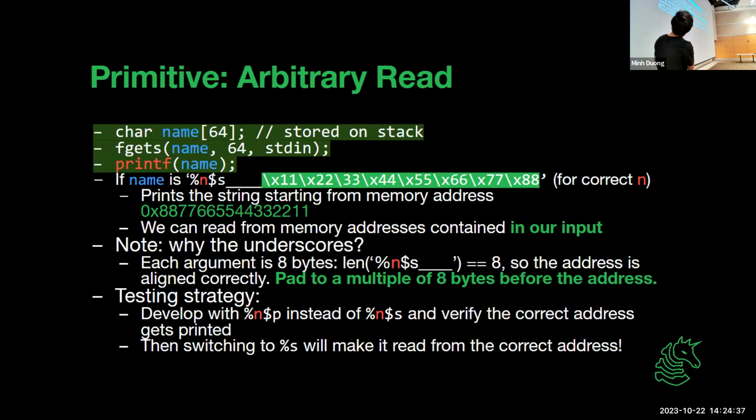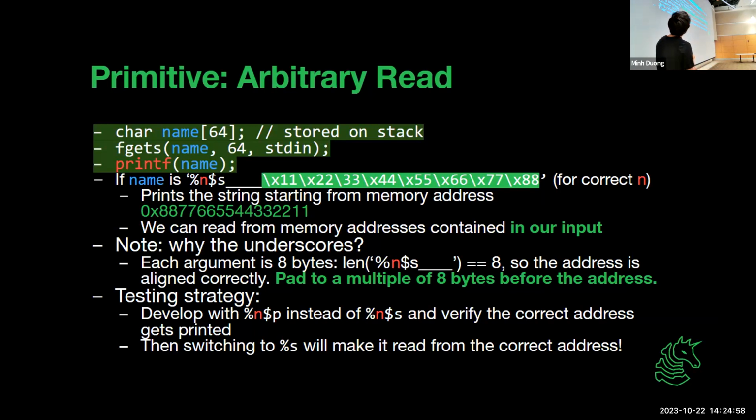So as you can see here, I have this %n$s, which tells us to grab a string. I use some underscores as padding to keep everything 8-byte aligned. And then I provided an address to read that string from, because that's all read sequentially off of the stack, if the pointer is saved directly on the stack.